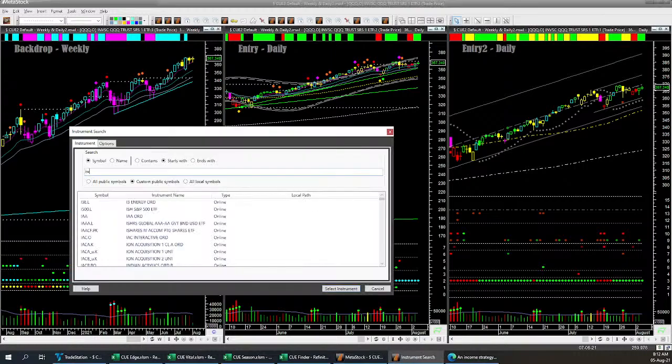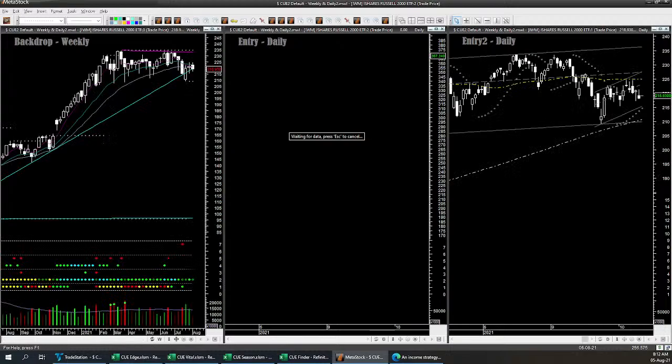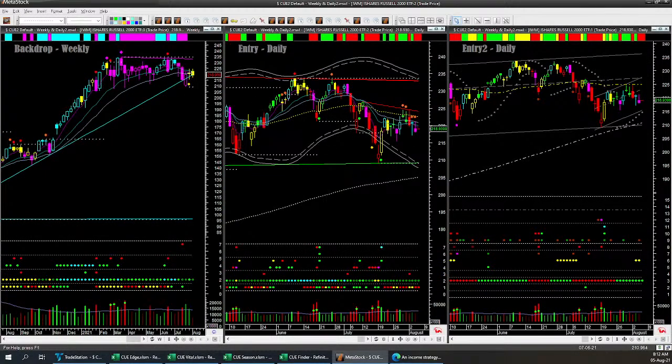And lastly, IWM. I showed in, I think, the last webinar, that after the move up from the swing low, after this candle, all the subsequent candles were indecision candles, indecisive shape candles.